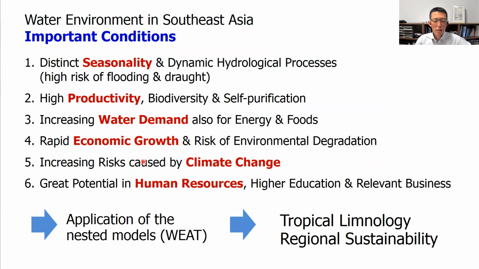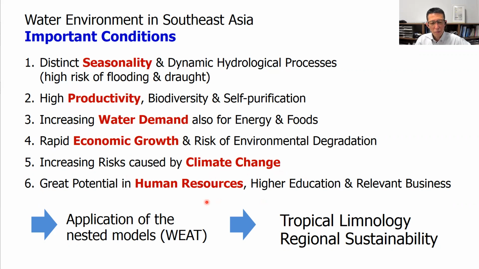So in summary, I just listed the important conditions in Southeast Asia based on our observation. The system has distinct seasonality and basically high productivity together with eutrophication. And then the water demand is increasing under climate change. So those are issues happening at the same time.